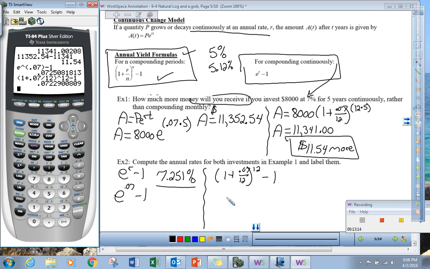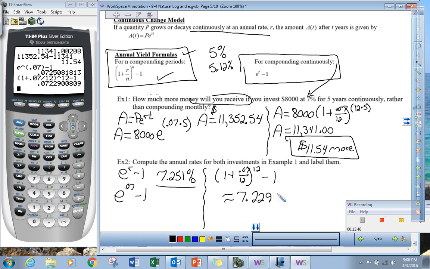So that's going to be approximately, because we are rounding, about 7.229%. So there's how you use those effective rate formulas. Just run them right through your calculator. You know you're going to get something in the ballpark of what your interest rate is.